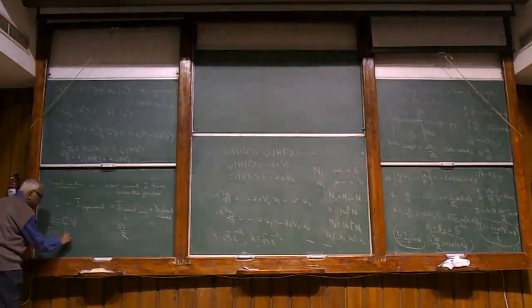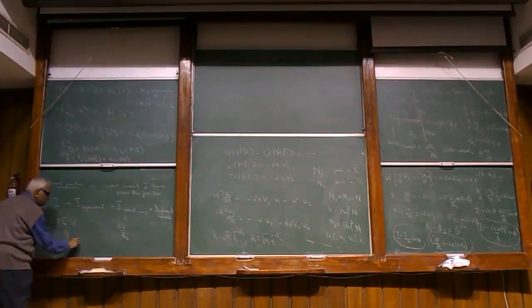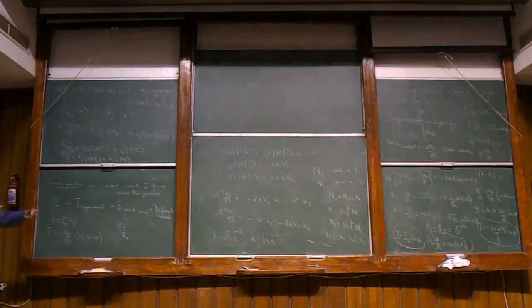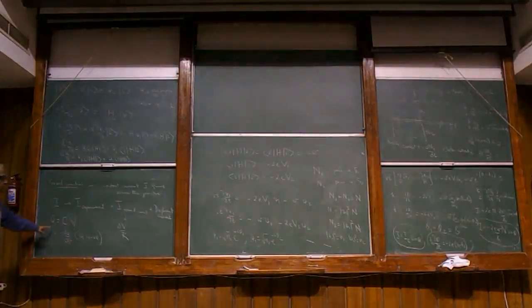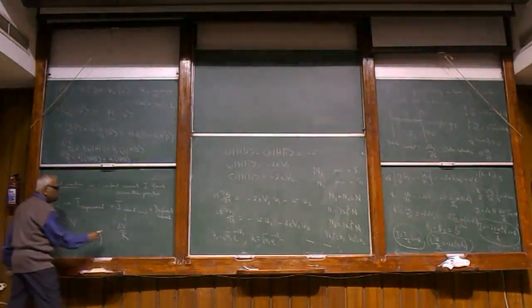minus dQ/dt, simply because Q is negative. So it's negative charges flowing, so I would be equal to minus dQ/dt. So there would be a displacement current, so this is I displacement.